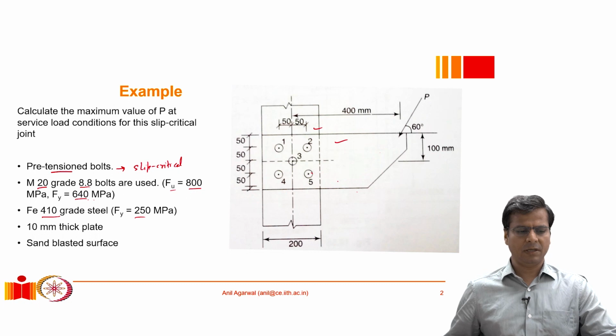And the bracket plate is 10 millimeters thick, and the surface between the two plates basically offers very good friction. The reason for that is that the plate as well as the column surface are both sandblasted. So sandblasting gives us a very high level of friction resistance.